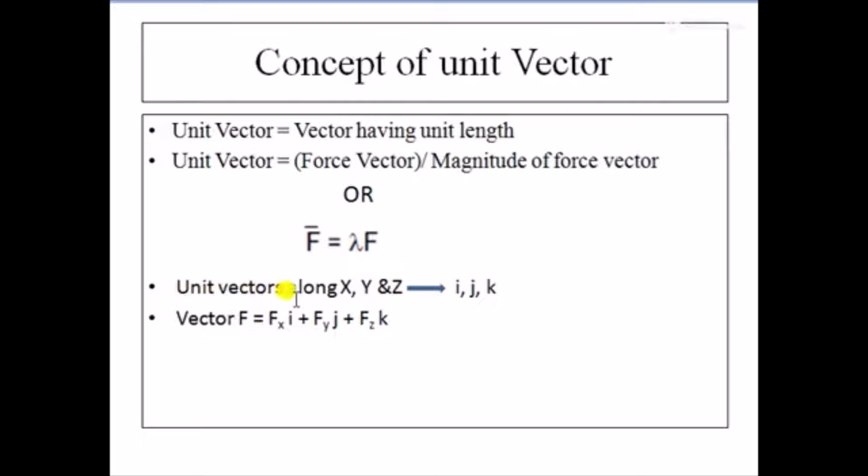So unit vectors along the x, y and z axis will be i, j and k. So if we are talking about vector F, it will be Fx into i, Fy into j and Fz into k. This basic might have been discussed where space forces was discussed in your curriculum.